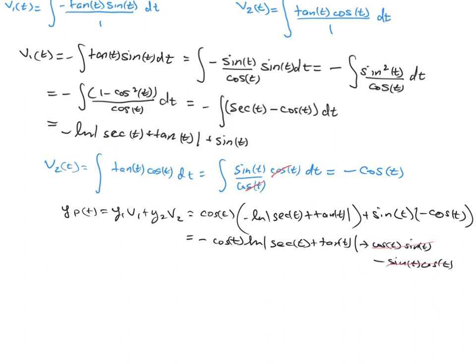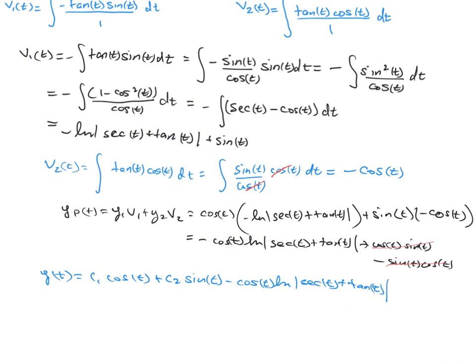So now our general solution, y of t, is c1 cosine of t plus c2 sine of t minus our cosine of t times the natural log of the sum secant of t plus tangent of t.